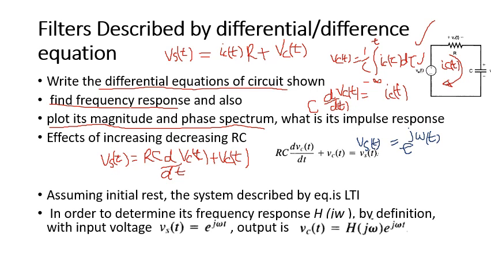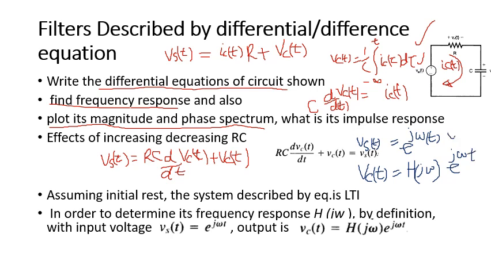So v_C(t) for this one, which is the output, will be equal to h of j omega into e power j omega t. Hope this is clear to you, right?